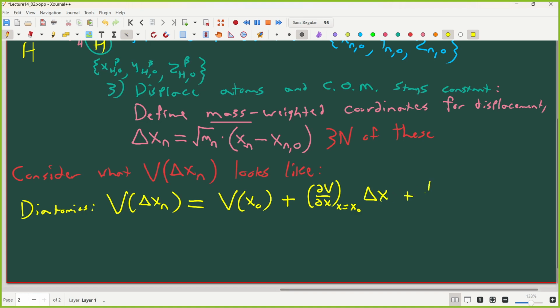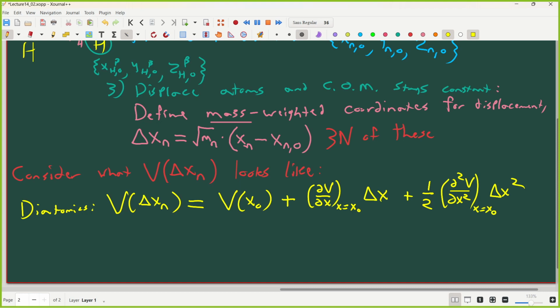And then we have, at the very least, a second derivative, a quadratic approximation, delta x squared. So again, we're doing something very simple. We don't know what the potential looks like, but if we can calculate some derivatives, the slopes around it, we can calculate an approximate function that looks like a harmonic oscillator. It's something that's an x squared.